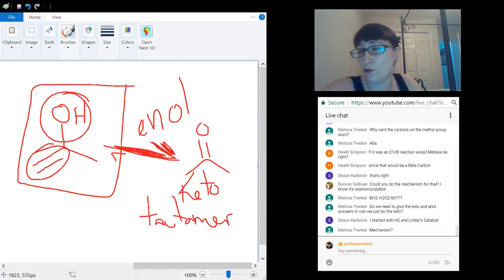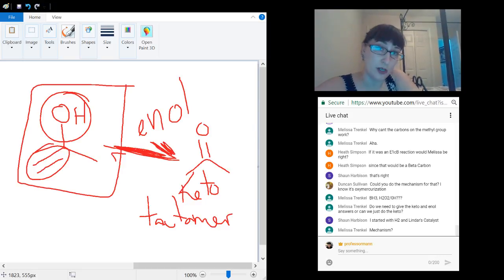I'm not going to go over the mechanism with that one tonight, Melissa, because it's really, really long. I'll just tell you I didn't put it on the exam. If you want to go over it sometime this week, I'll be happy to go over it with you. It's a very lengthy mechanism, and it's very difficult to show something that large on a screen this small.